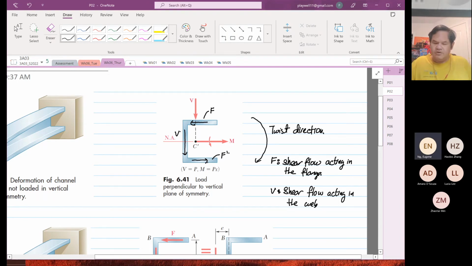Okay, so the only way, right, to prevent the twist, okay, is to have a counter twist.